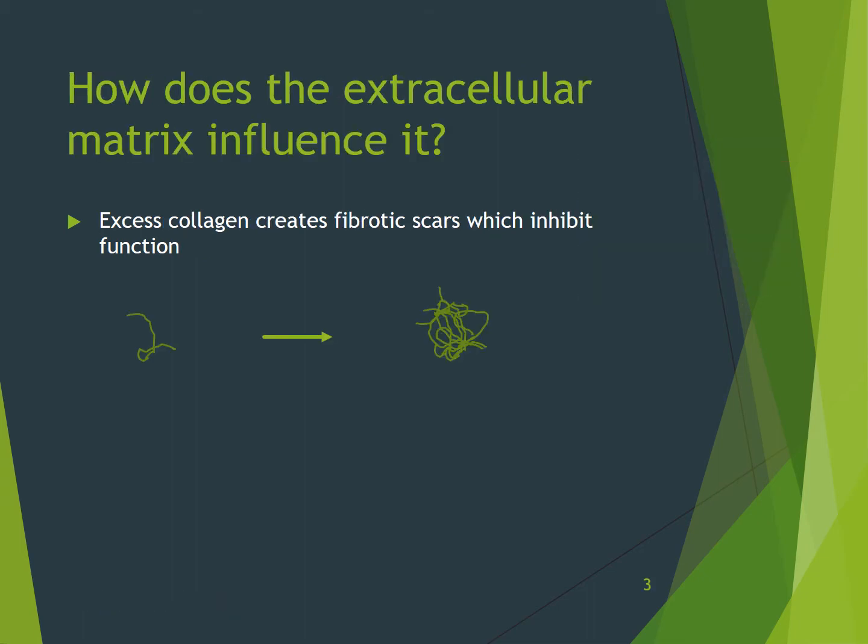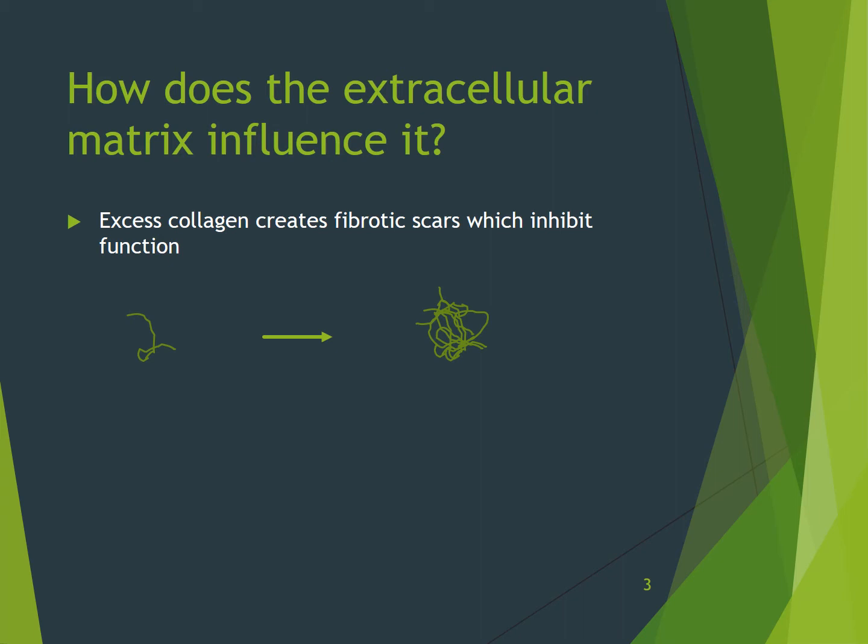So the extracellular matrix definitely plays a big role in the development of muscular fibrosis, and previous research has suggested that excess collagen creates the fibrotic scars which inhibit the function. This is due to the fact that typically muscle cells do not have that much collagen in their extracellular environment. So when one cell does produce a lot of collagen, it conglomerates and creates a scar along the muscle cells.